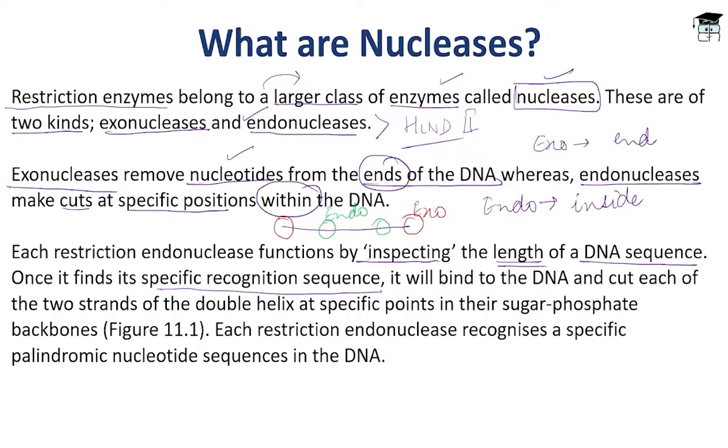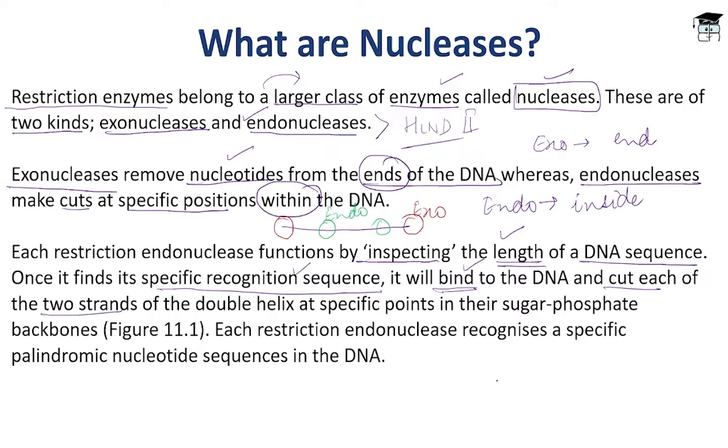It first has to inspect the length of the whole DNA, then find the recognition sequence that matches, bind to that DNA, and then cut each of the two strands.